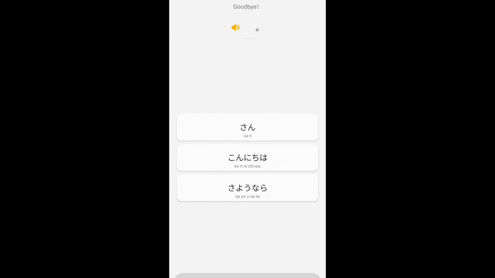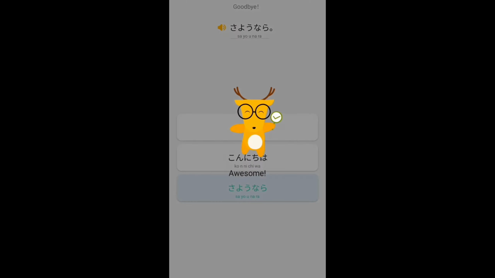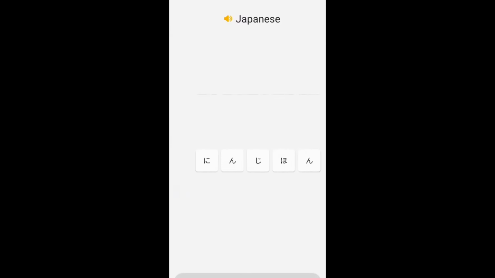Now, what is goodbye? Sayonara. We learned this in lesson 1 as well. Sayonara. Ohayo. Sayonara. Japanese. If we can just say it. It begins with a ni. Nihonjin.